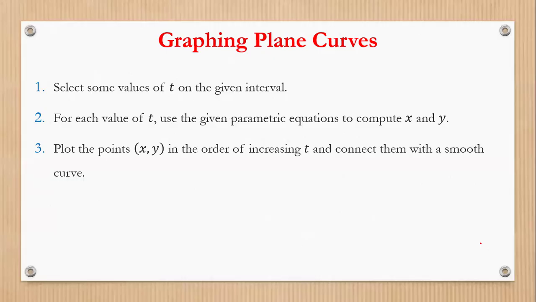Then we can graph the ordered pairs in the coordinate plane and connect them to each other. But remember that we are plotting the points in order of increasing t. That's why we show the direction.